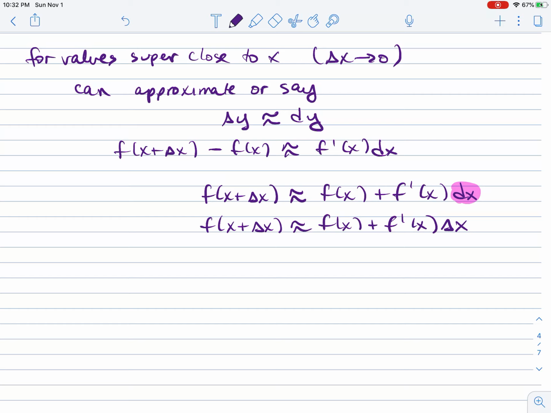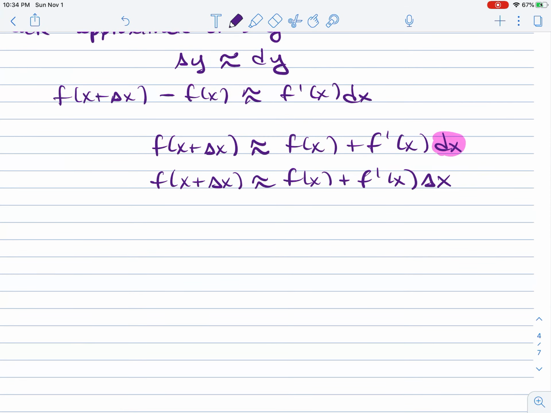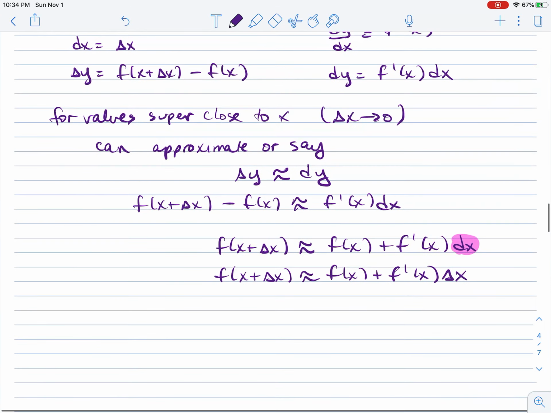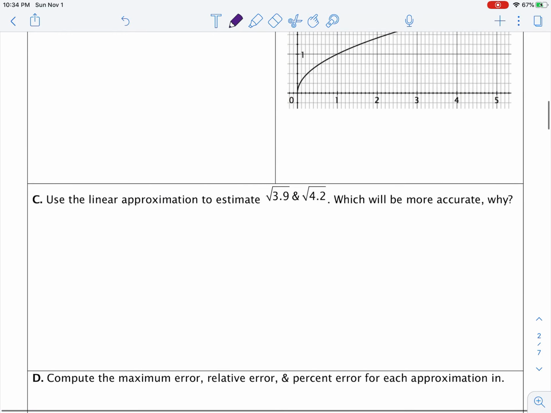I know that's a lot to handle, but we can use this to make estimates, especially if we can easily calculate some values of f of x but not others. We can use differentials. Good. We can also talk about maximum errors, relative errors, and percent errors with differentials as well. So I just wanted to point those out.